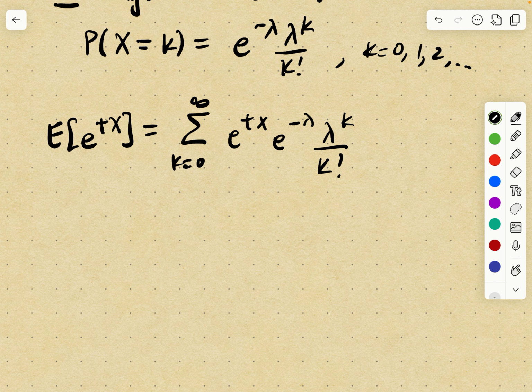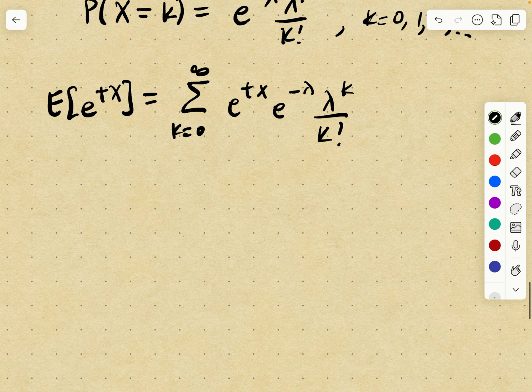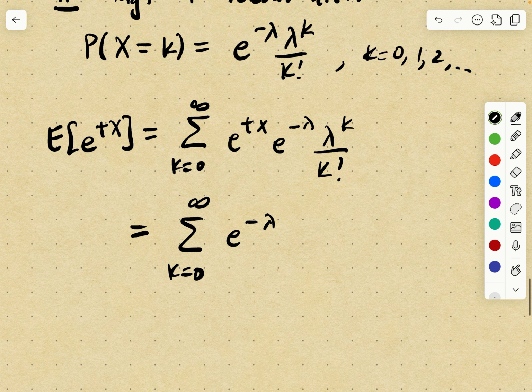So how do we calculate this? It turns out that we can write this as the sum from k equals 0 to infinity of e to the minus lambda, and then, oh sorry, that's a k.